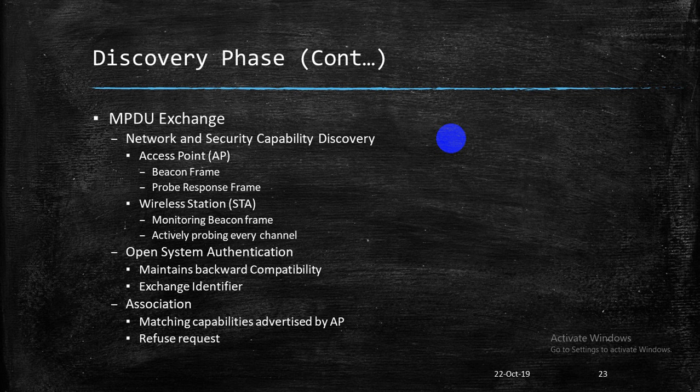And there is open system authentication that maintains backward compatibility here at MPDU also, and the association also matches the capabilities advertised by the access point. If the capabilities are not the same, then in the discovery phase the station and access point will be disconnected and will no longer connect.